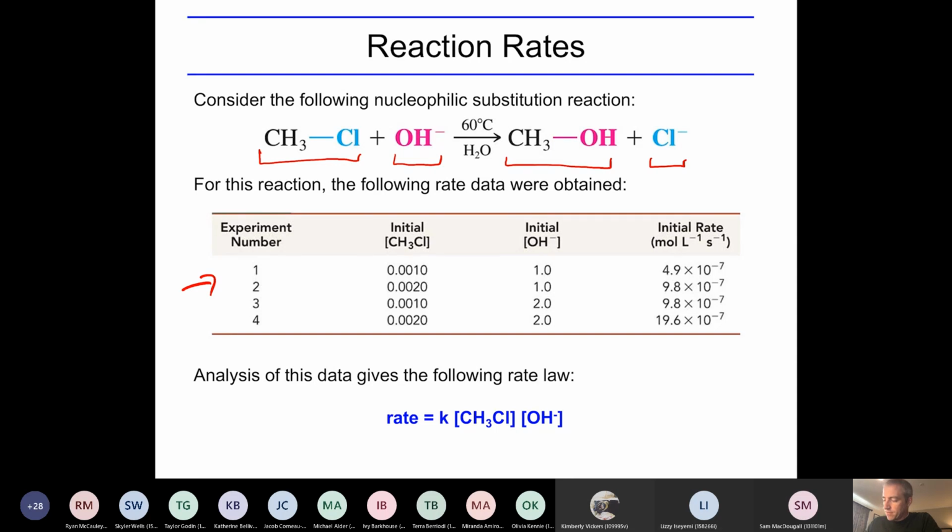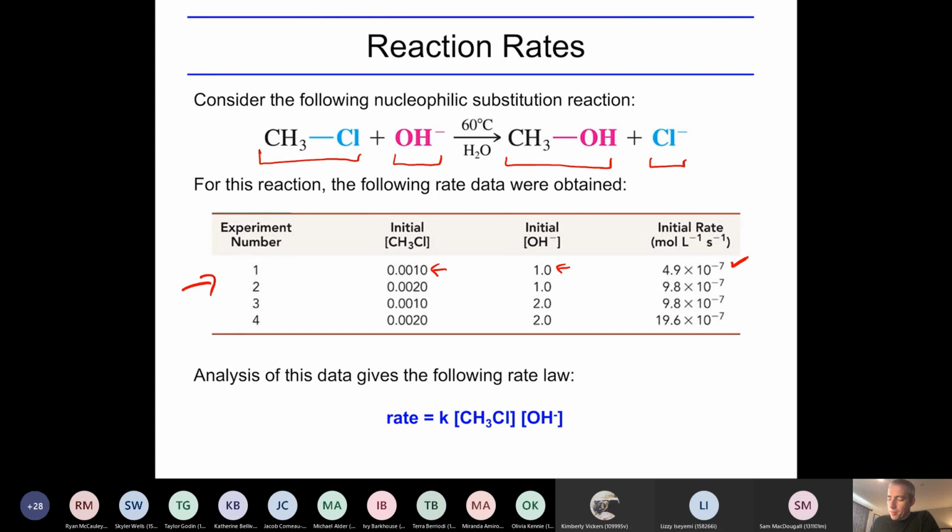So what we find is if you start with an initial concentration of chloromethane of 0.001 molar and 1 molar sodium hydroxide, we see this particular rate.